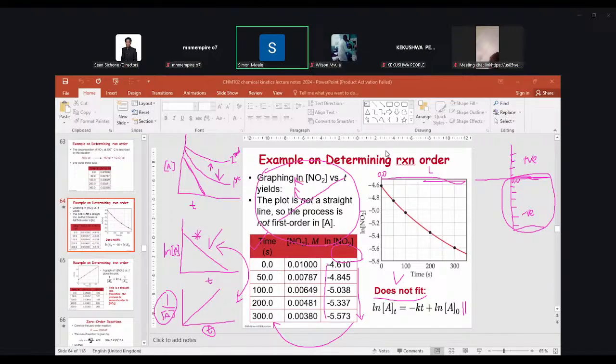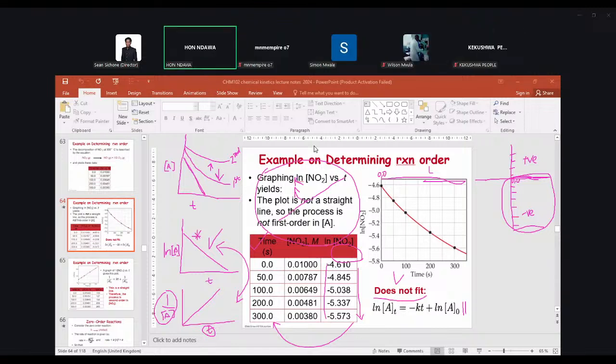Any more questions? Anyone with a question? Sir, what formula are you using to get those values for the negatives?